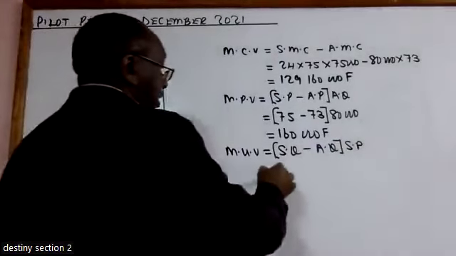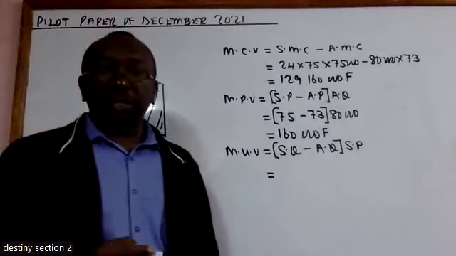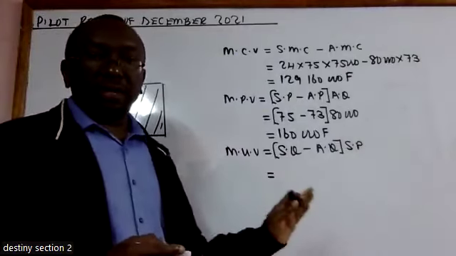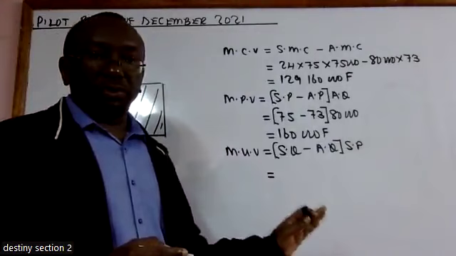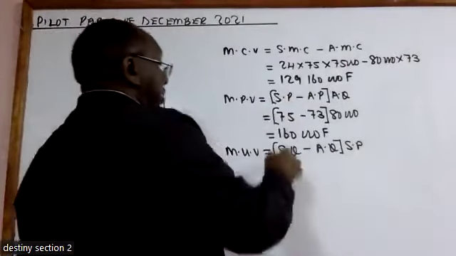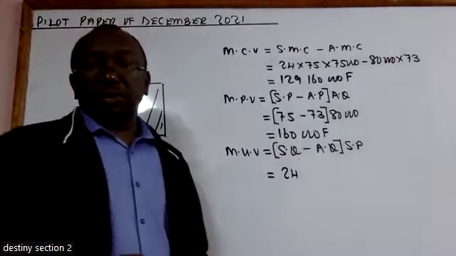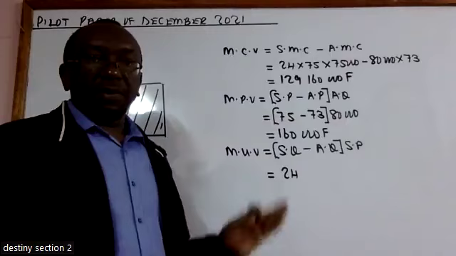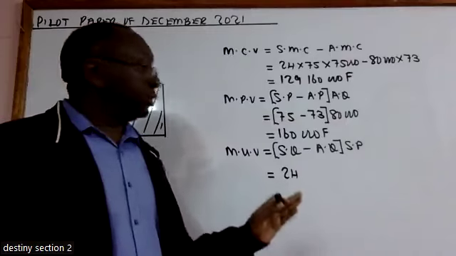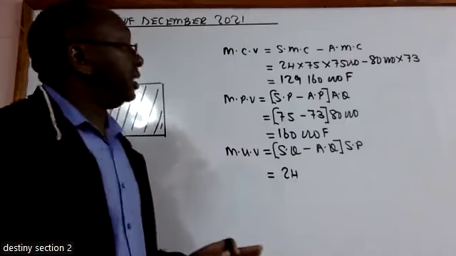So standard quantity is the units of raw materials that one unit was supposed to use in production. So 1 unit of production was supposed to use 24 units of raw materials.